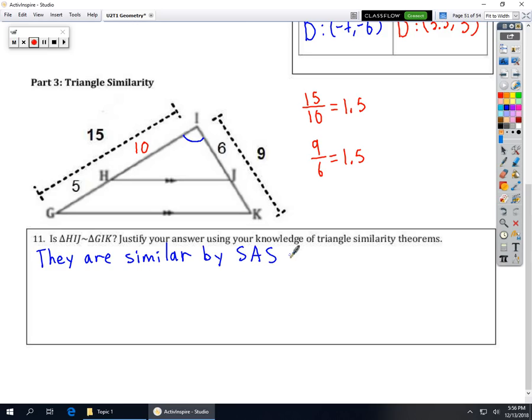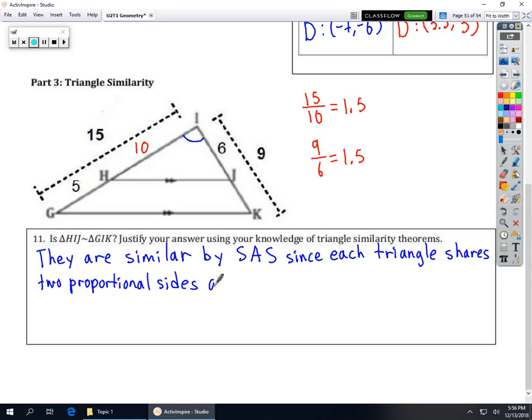By side angle side, since each triangle shares two proportional sides and a congruent angle between the sides.